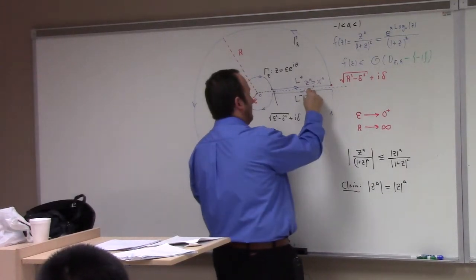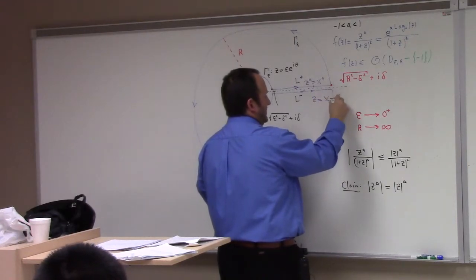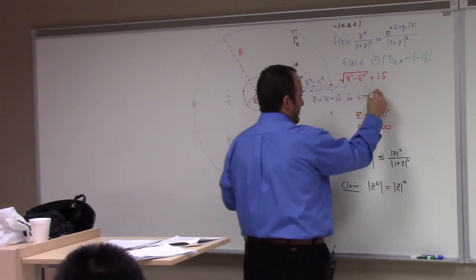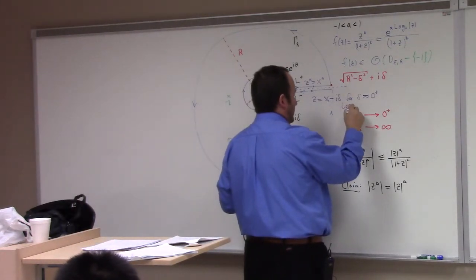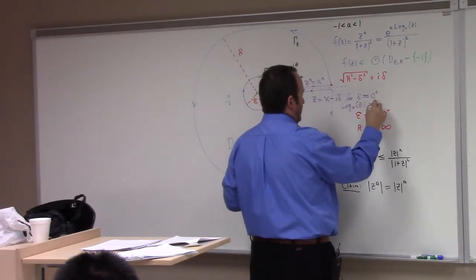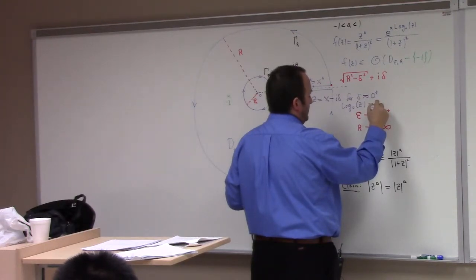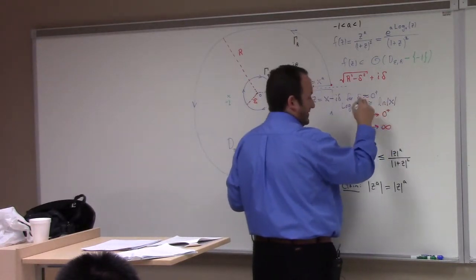But down here, when z is equal to x minus i delta, for delta very close to 0 and positive, then log sub 0 of such a z is equal to the natural log of the absolute value of x minus i delta, which I'm just going to write as x.